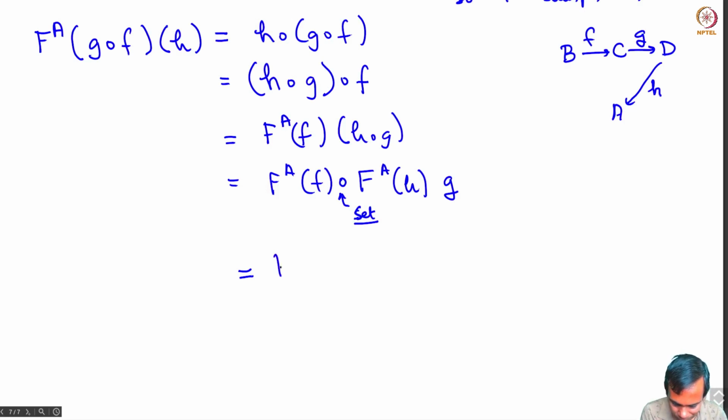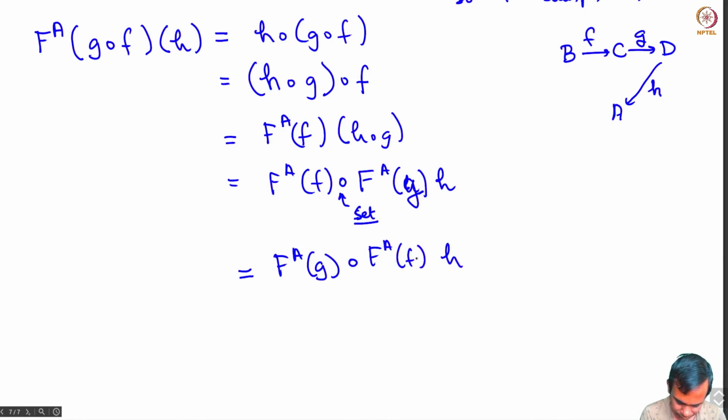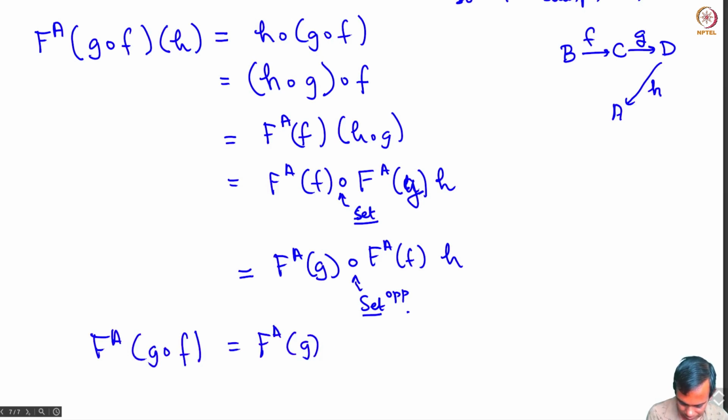So in the category Set op, this is G applied to H, and this is composition in the category Set op. And so what we have is F^A of G circle F is F^A(G) circle F^A(F). So F superscript A is indeed a functor. I'll leave it as an exercise and I would highly recommend that you sit down and write down a careful proof that F lower A is also a functor.